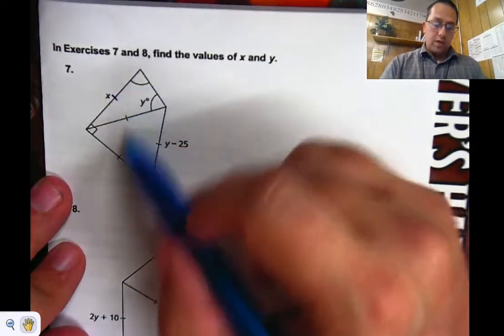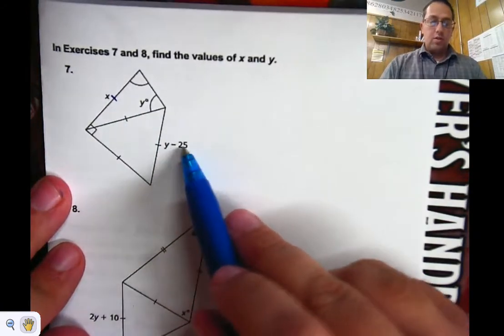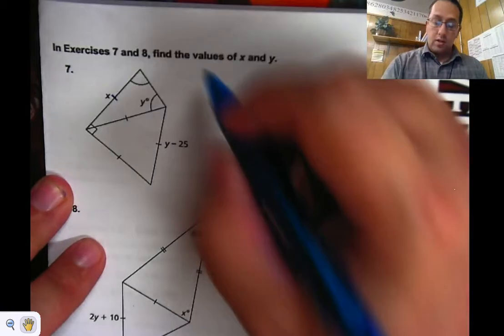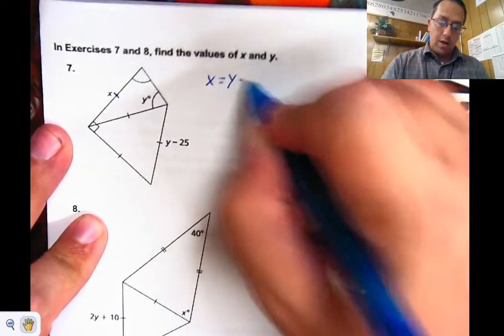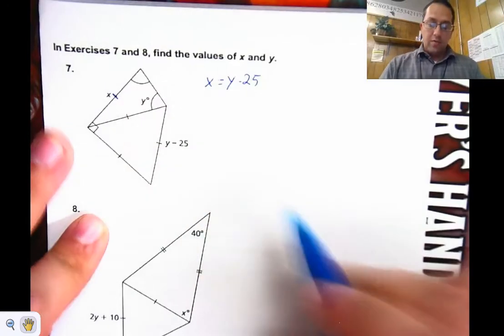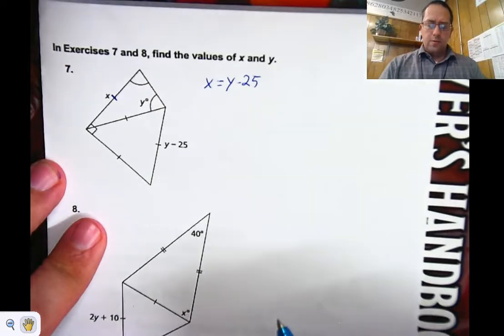So all of these sides are congruent, so x is also going to equal y minus 25. I'm going to go ahead and write that down: x equals y minus 25. It would be a bigger help if I knew what y was.